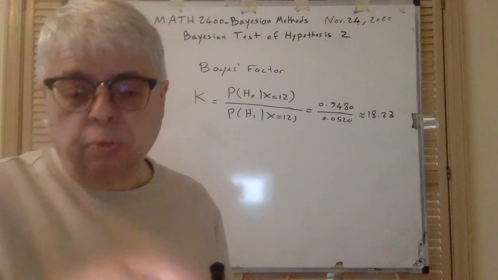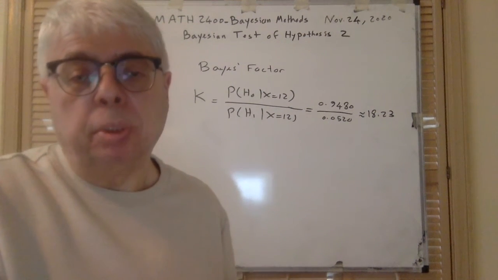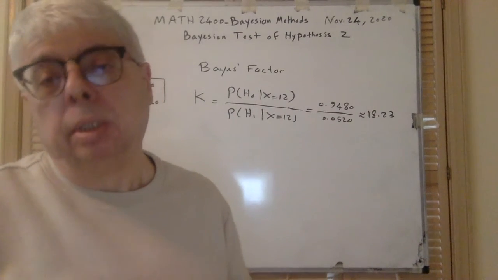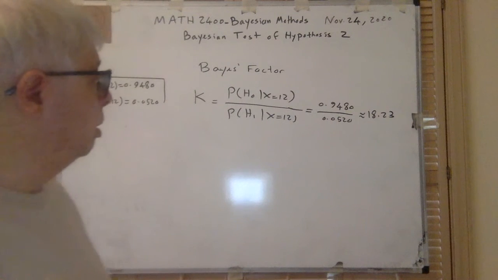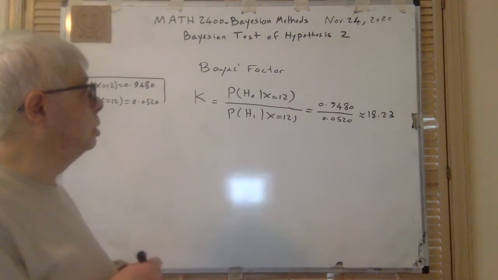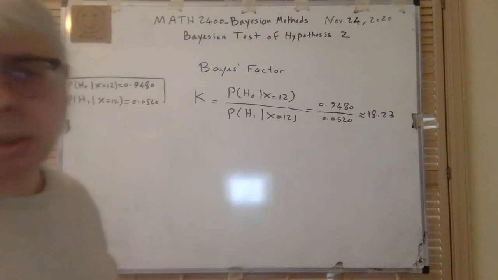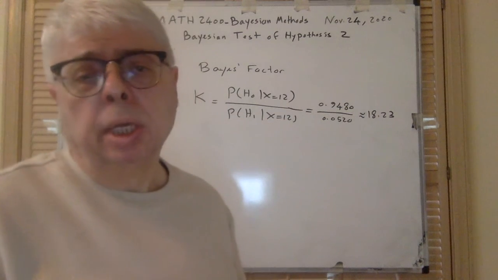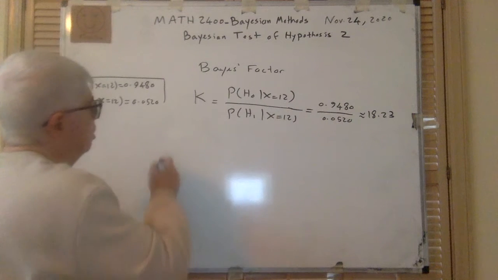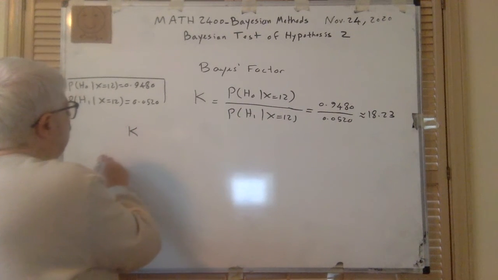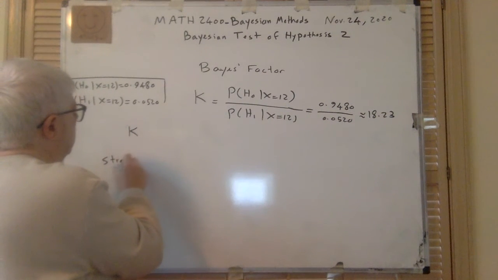Well, different people have given different ideas about this. One of them, which I have in my notes, but I can't remember who gave it, is like this. It's like saying this K, and they call it strength of evidence.